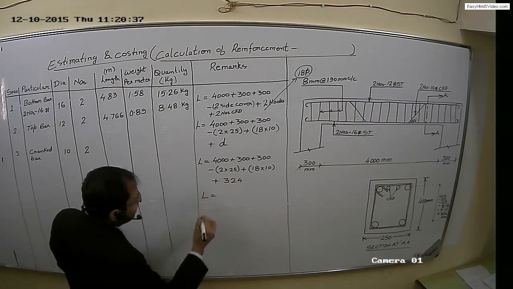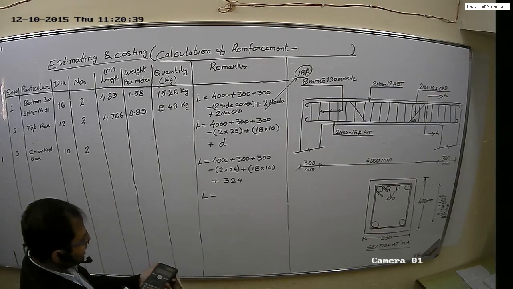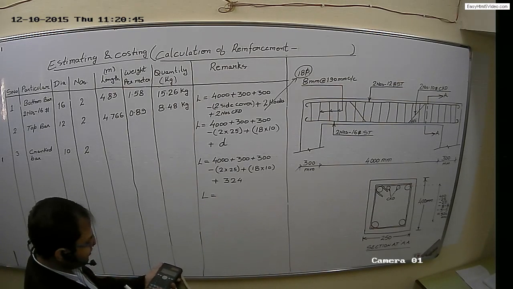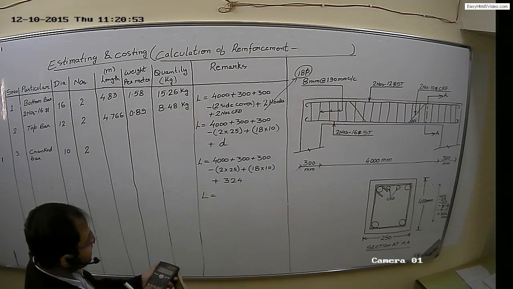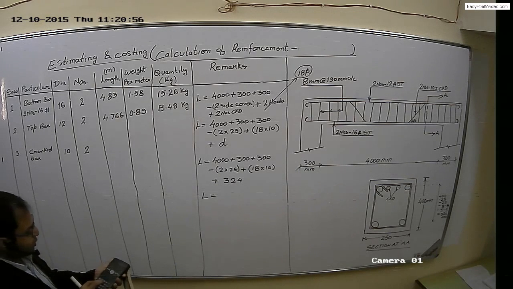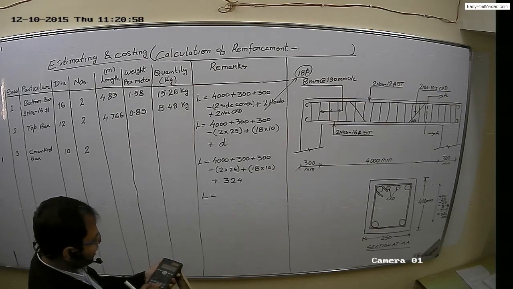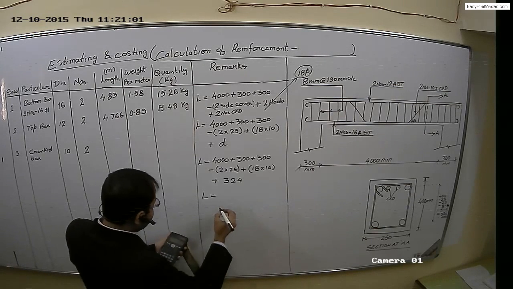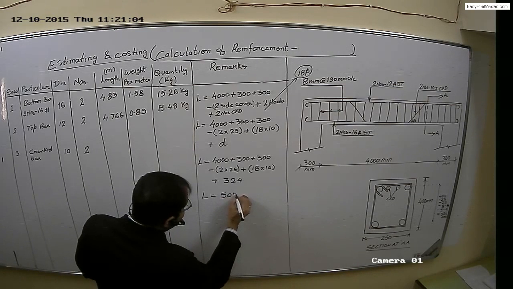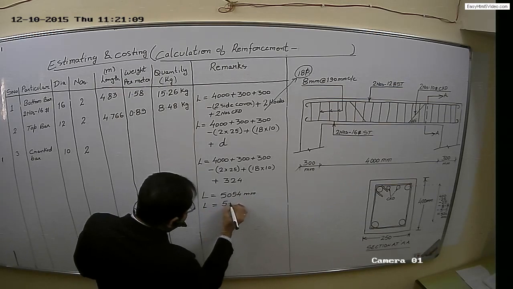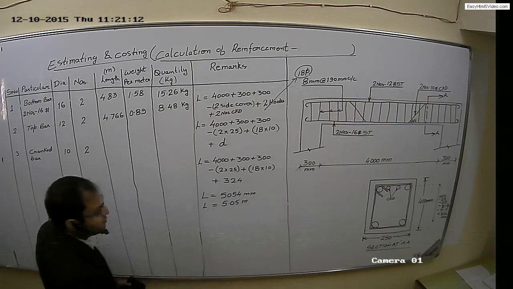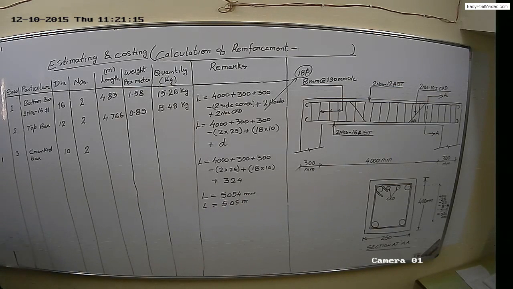So the length will be, we have to calculate now, 4000 plus 300 plus 300 minus 2 covers means 2 into 25 plus 18 into 10, then plus 324, which comes out to be 5054 mm, or 5.05 meter.